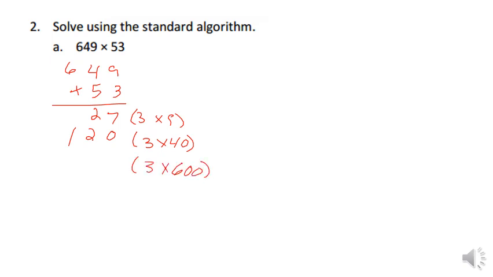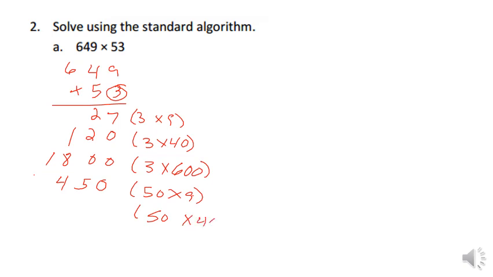Now we have 3 times 600, and 3 times 6 is 18 and 2 zeros. Now we're done with our 3, so now we're moving to our 50. We have 50 times 9. Well, I know 9 times 5 is 45 and a 0.